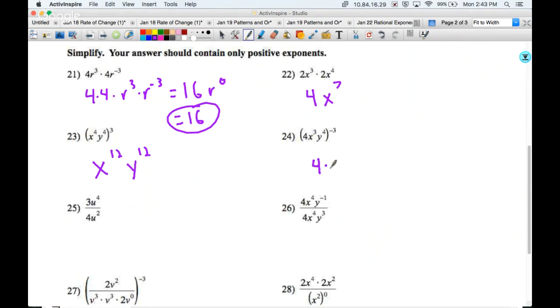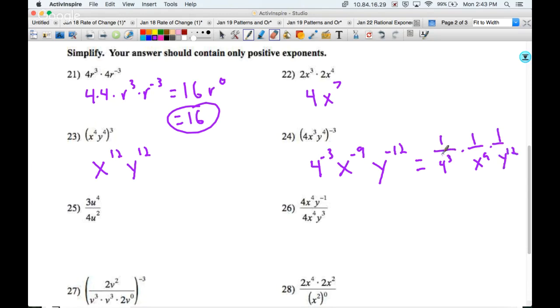So this needs to be 4 to the power of negative 1/3, x to the power of negative 9, y to the power of negative 12. And then this all equals 1 over 4 to the 3rd times 1 over x to the 9th times 1 over y to the 12th.